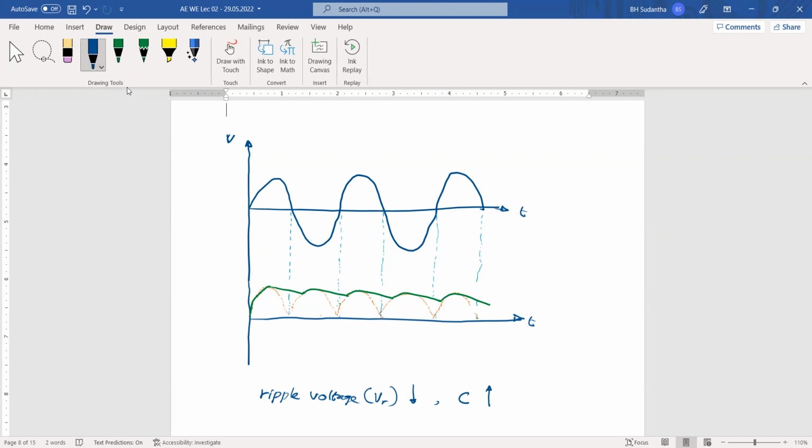Compared to the previous one, you can see this is the ripple voltage. The ripple voltage has already been reduced because of the full wave rectification, and we have that advantage. But anyway, we still have ripple voltage, and here also we can reduce it by increasing the capacitance.